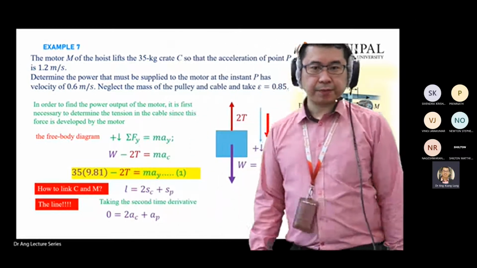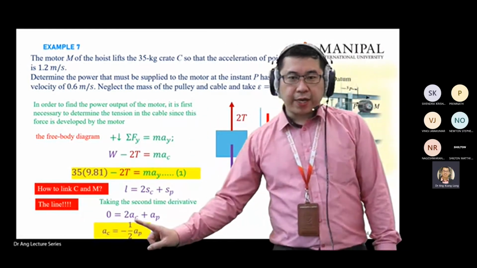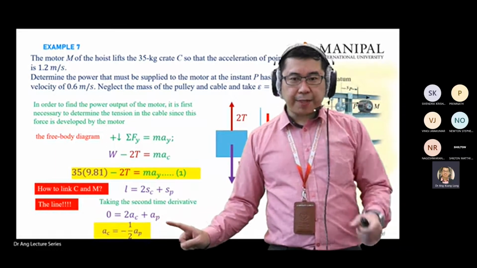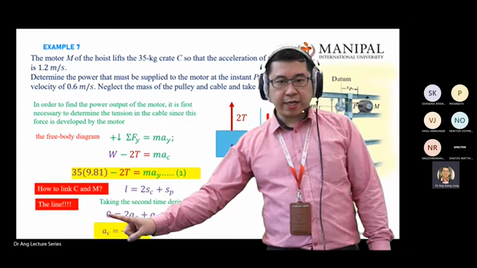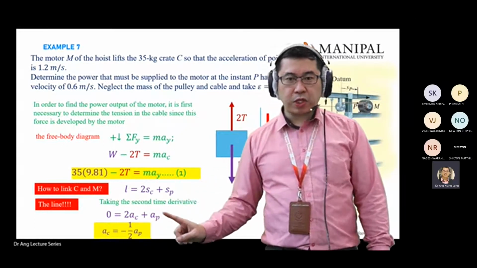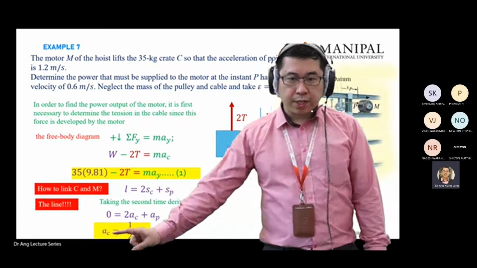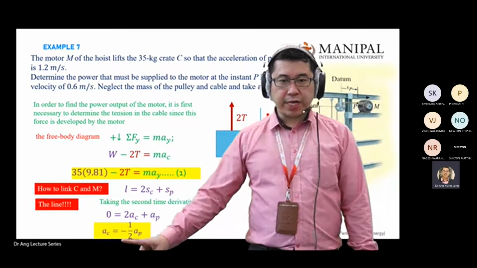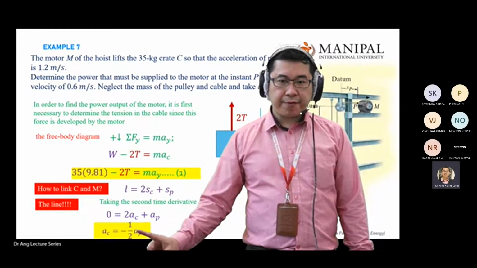So from here, you know that C and P actually link with a half. Or you can say that 2 AC equals 1 AP, meaning 2 to 1 ratio. Right, 2 to 1 ratio, but you rearrange your AC equals minus half AP here.